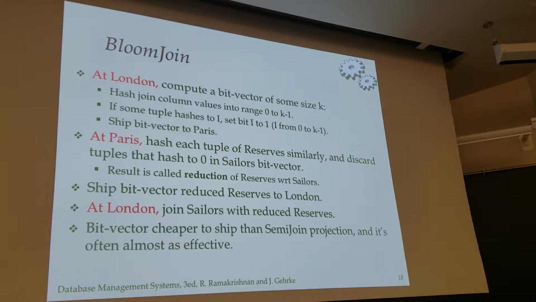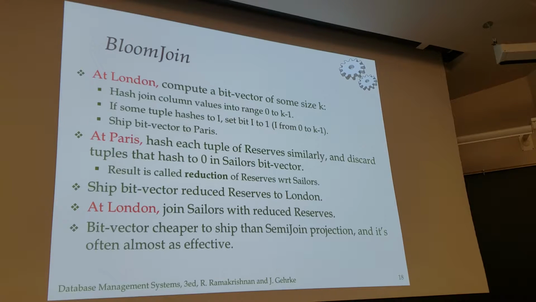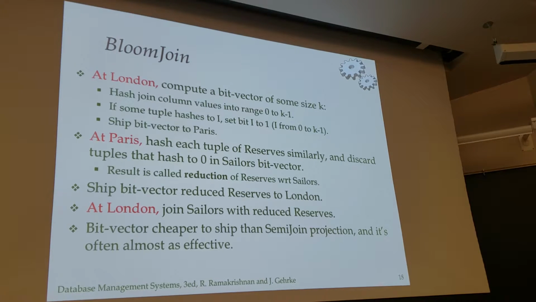Here's the gimmick, and it's going to remind you a whole lot of what we did with hash join. I'm going to compute a hash value for each of the SIDs that I care about. Now there are puns, not mine, but there are puns from hashing. Because you're only going to get a hash value between 0 and k minus 1, k different values.